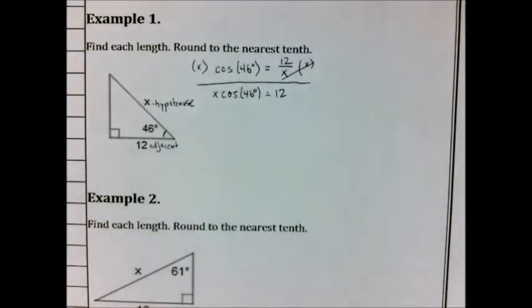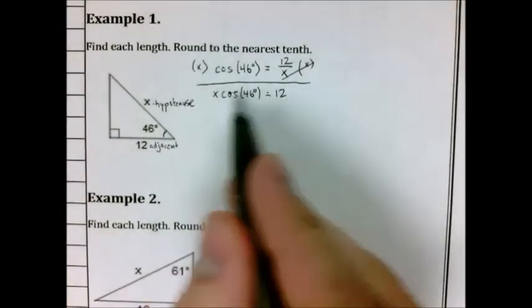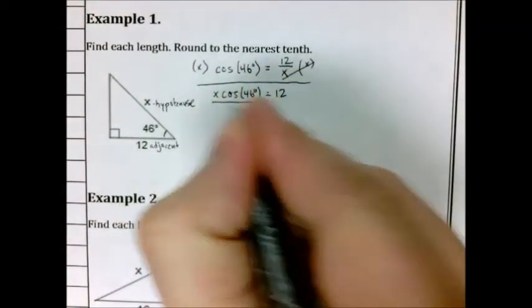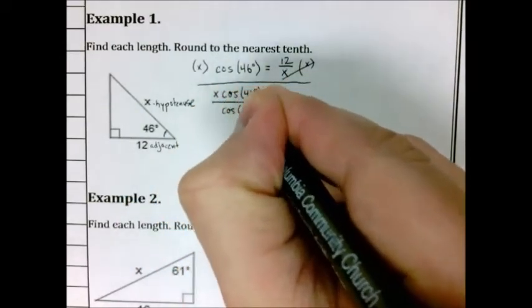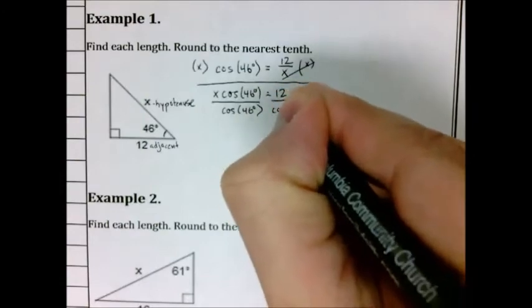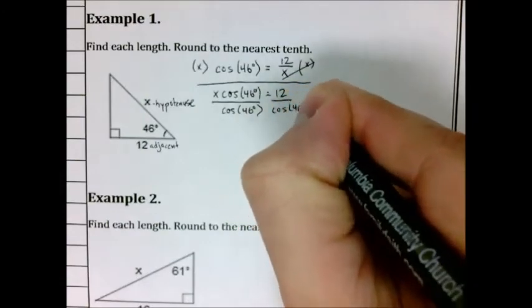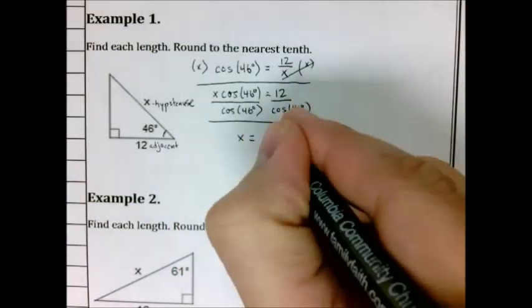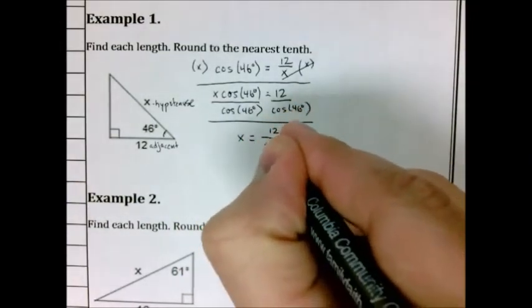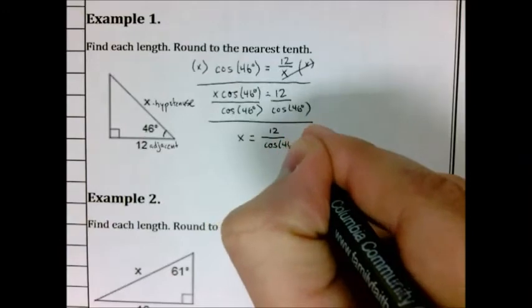It's a different number, it's a complicated number, but all it is just a number. And so to get rid of it, we have to divide. These are being multiplied. We're just going to divide by the cosine of 46 degrees on both sides. And so we see that x has to be equal to 12 divided by the cosine of 46.